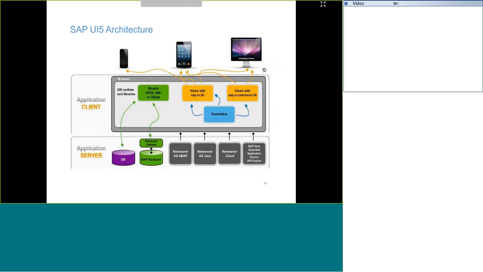The browser would be used to render the UI, and these browsers could be from varying different devices, like the mobile, the laptops, the tablets, the desktops. Any device that can run a browser can actually, even your TV can run SAP UI5. I just thought about that. If your TV can run an HTML5 browser, it can run UI5 or SAP Fiori apps.